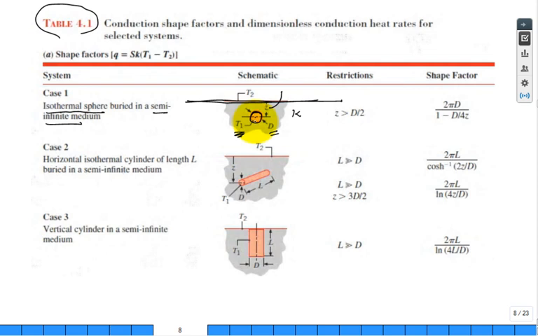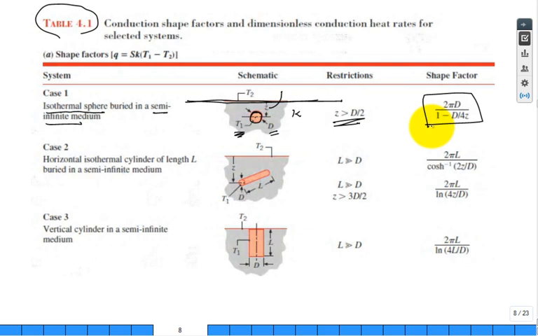The center of the sphere. All right. Well, as long as Z is greater than d over 2. What happens if Z is less than d over 2? It's not quite buried, is it? It's got something poking up out of the surface. You can't have that. Then you get this equation.